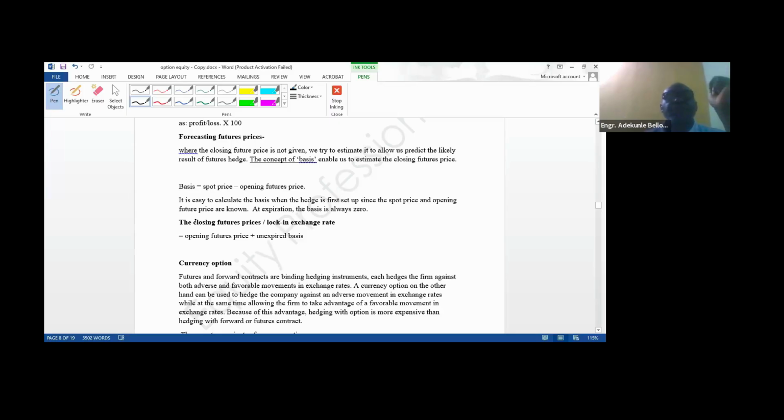Next, separate the basis into expired and unexpired basis.